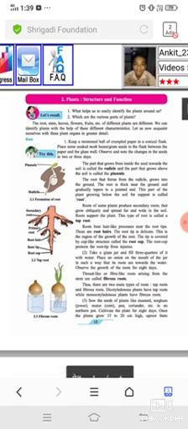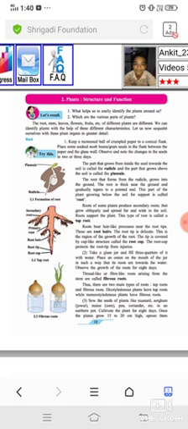The tip is covered by a cup-like structure called the root cap. The root cap protects the root tips from injuries.